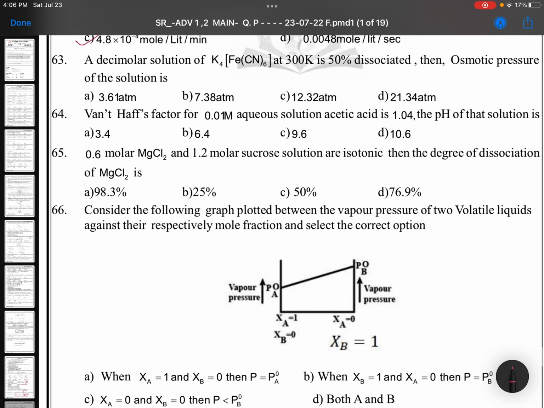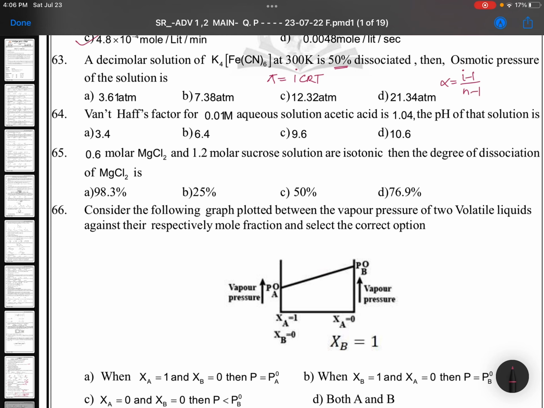A decimolar solution of K4Fe(CN)6 at 300 Kelvin is 50% dissociated. Then the osmotic pressure of the solution is: osmotic pressure pi is equal to iCRT, where i is the van't Hoff factor that can be calculated from this data. Alpha is equal to i minus 1 by n minus 1.